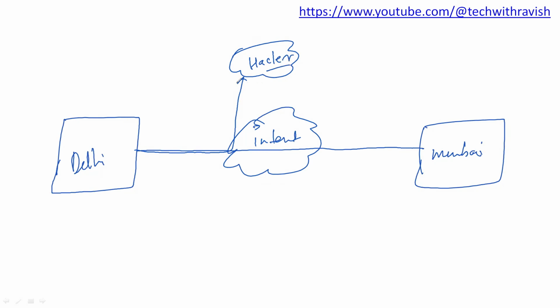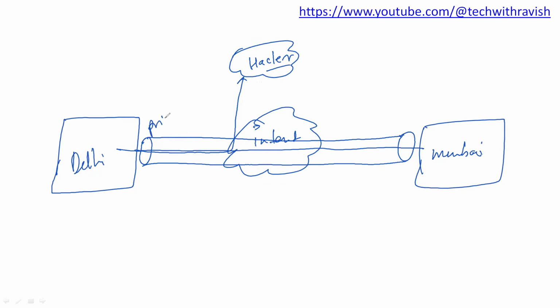Okay. So what does a VPN basically do? A VPN creates a secure encrypted tunnel between the source and destination. This is a private path over the public network.